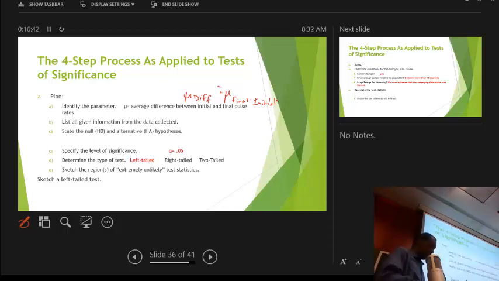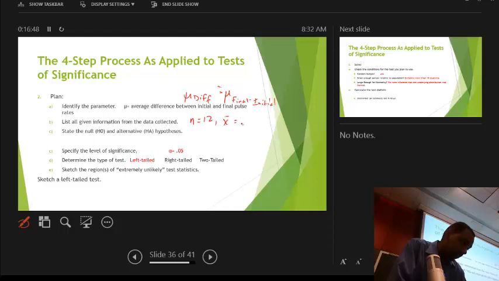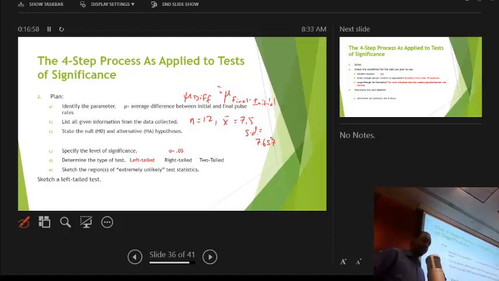And then what's given? We had a sample size of 12, a sample mean of negative 7.5, and a standard deviation of 7.657.